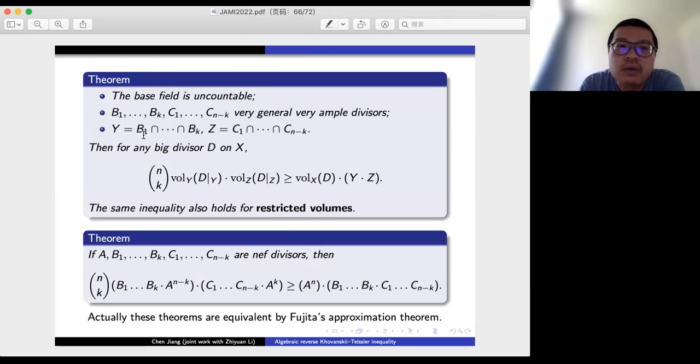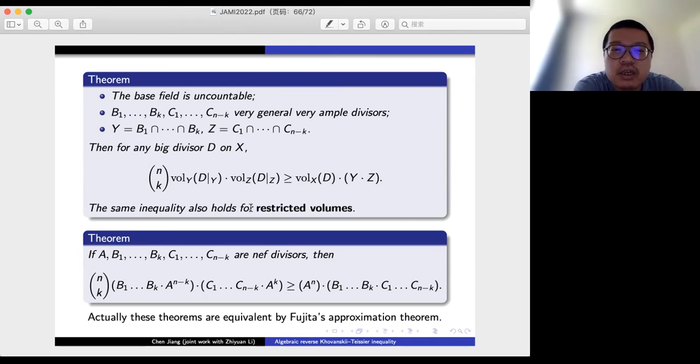And then we take y and z to be the complete intersection. And then what we showed is that the volume of the restriction on y and z is bigger than the volume of D itself times the intersection of y and z. Okay, so this is what we proved.